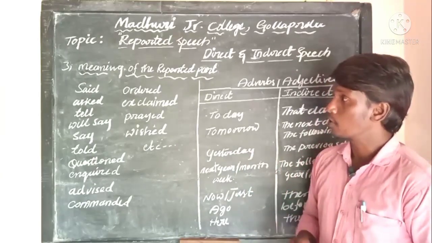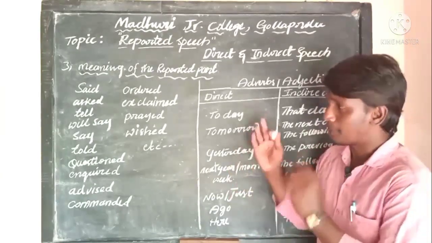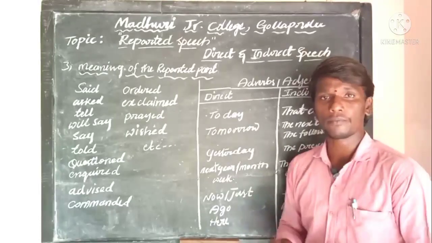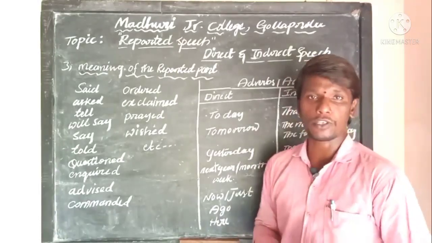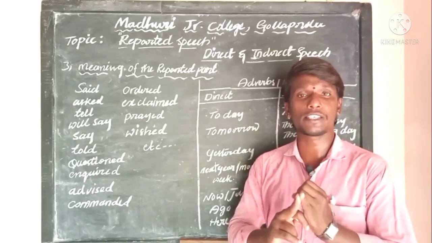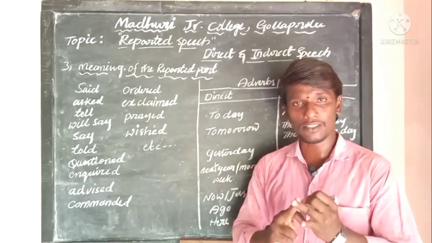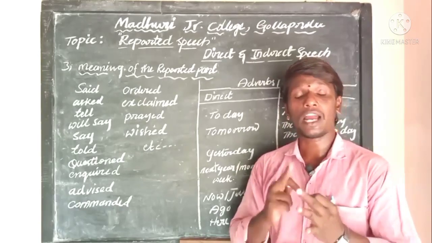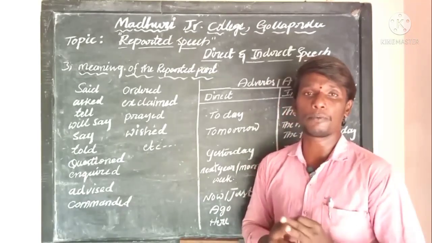So I hope you understand. Let us practice some examples following all three rules. The three rules we discussed are: first, the kind of sentence; second, the tense of the reported part; and finally, the meaning of the reported part.